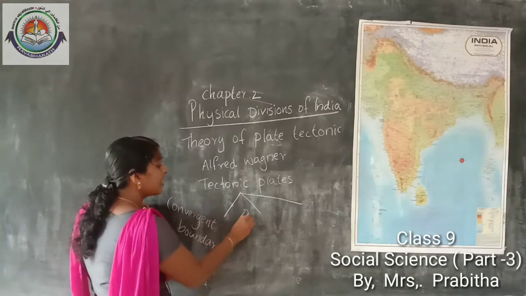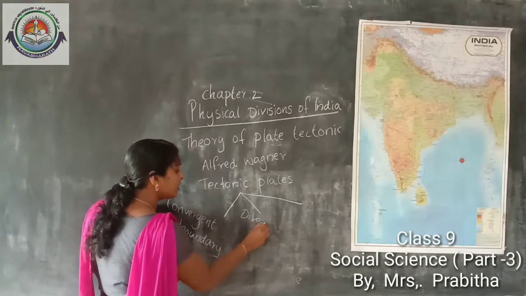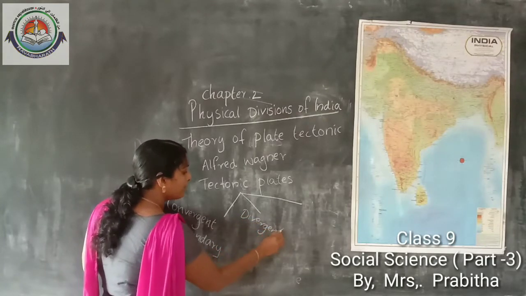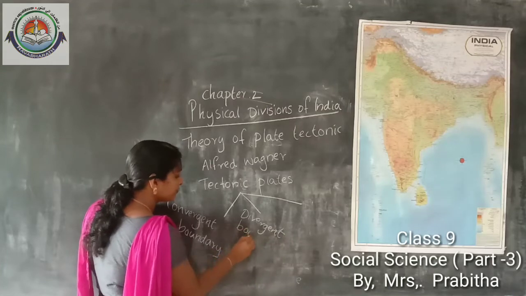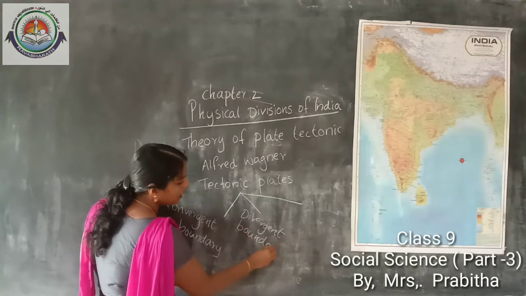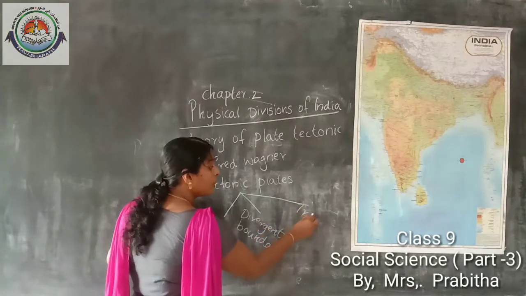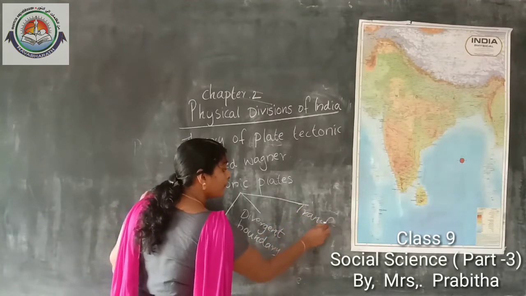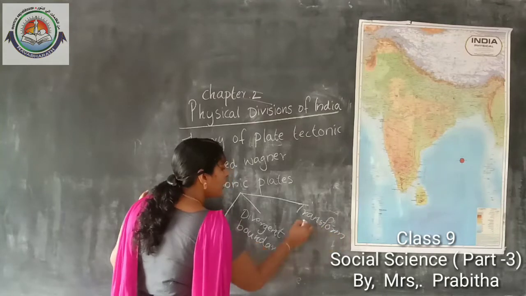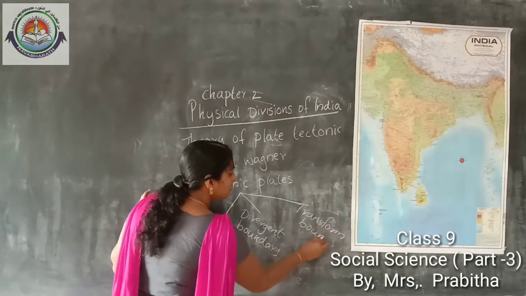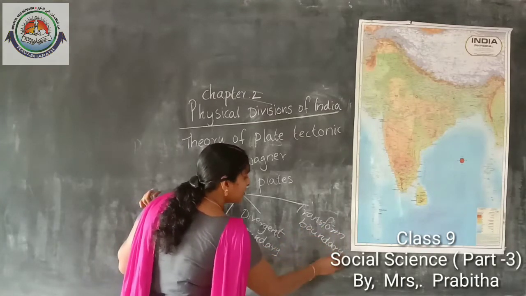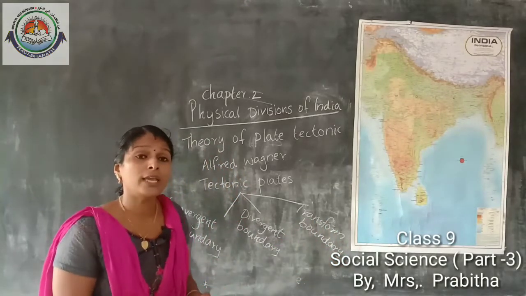Second one is divergent boundary. Third one is transform boundary. These three are related to the theory of tectonic plates.